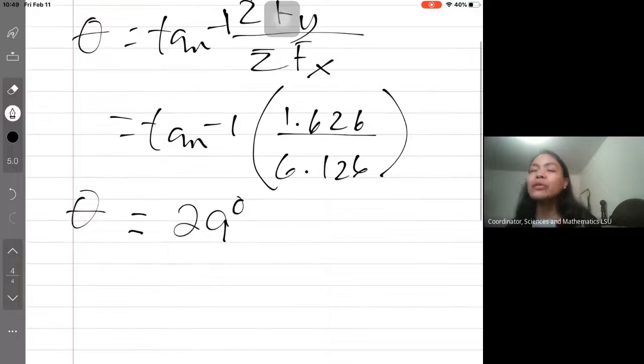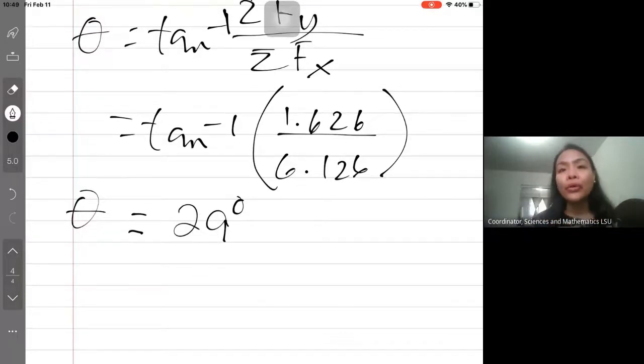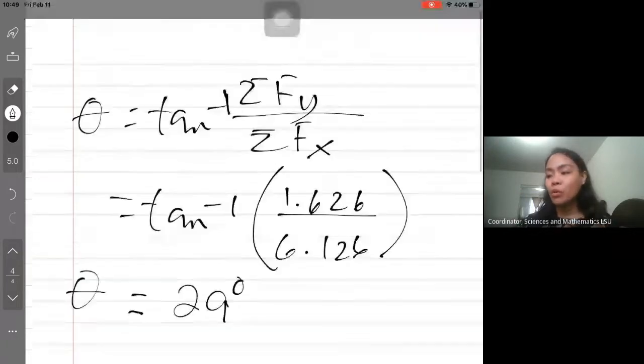Now, how are we going to determine our direction? Okay, where in the quadrant? We can determine that our summation of forces along y is positive and our summation of forces along x is also positive. They are both positive. So it must be in the first quadrant.